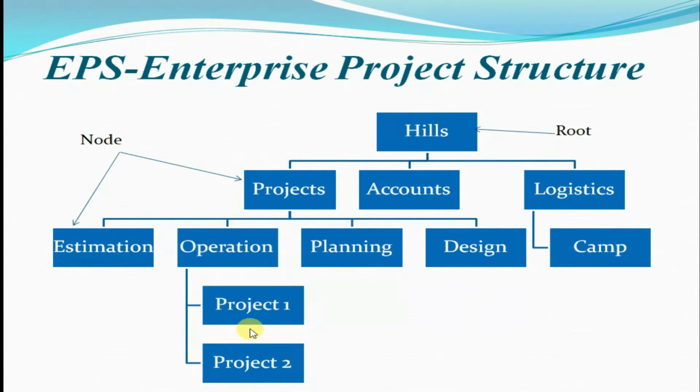So there are a total of 4 levels in this structure. So if we delete the Hills, that's the root, the entire structure will get deleted. So we should be very careful before deleting any element in the EPS structure.